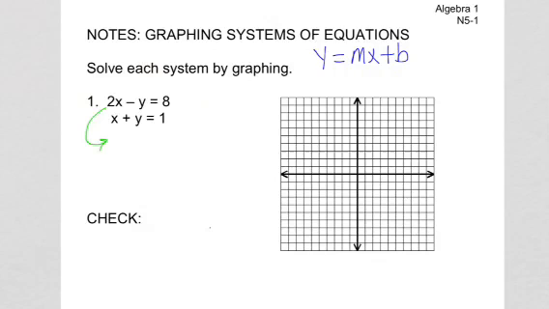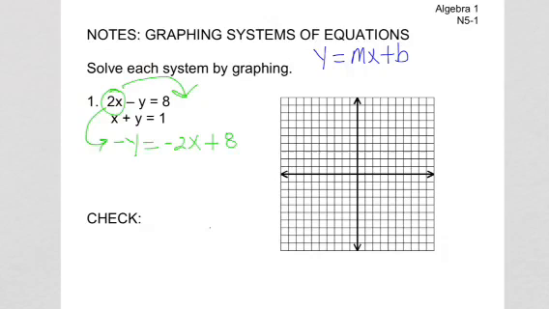Hopefully by now you can take these shortcuts and it makes some sense to you. So if we say negative y equals, we're taking the 2x and moving it to the other side. When you change sides, you change signs. So that's negative y equals negative 2x plus 8.